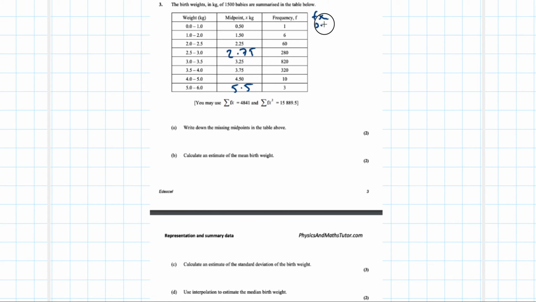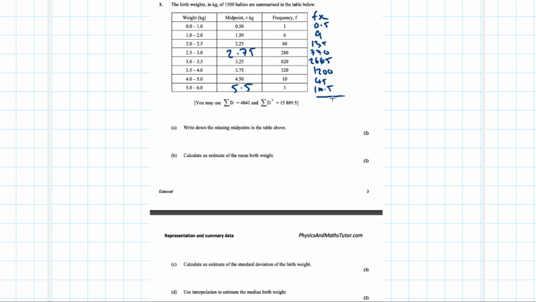So it's 1 times 0.5 is 0.5, 6 times 1.5 is 9, 2.25 times 60 is 135, 2.75 times 280 is 770, 820 times 3.25 is 2,665, 320 times 3.75 is 1,200, 4.5 times 10 is 45, and 5.5 times 3 is 16.5.